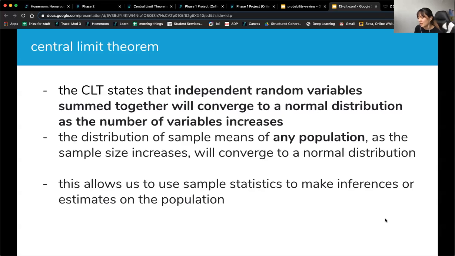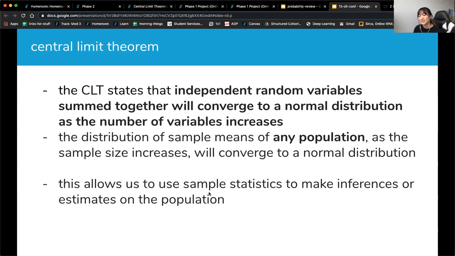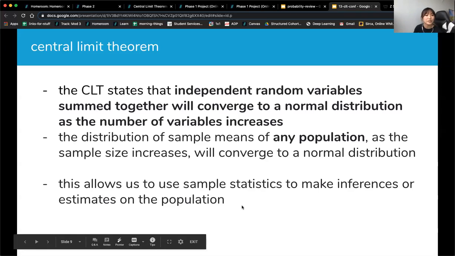The other part that is important for interviews, and a common thing that people will ask, is what is the implication of the central limit theorem for data scientists? The main reason why the central limit theorem is so important to us is that it allows us to use sample statistics to make inferences or estimates on the population.